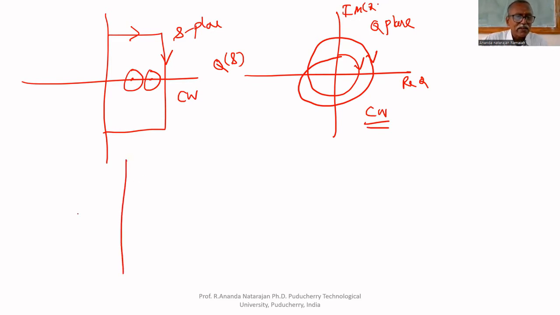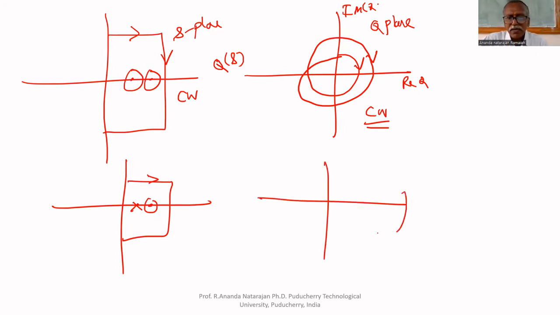Suppose I am having one pole and one zero inside the contour. Here, the mapping will not encircle the origin.